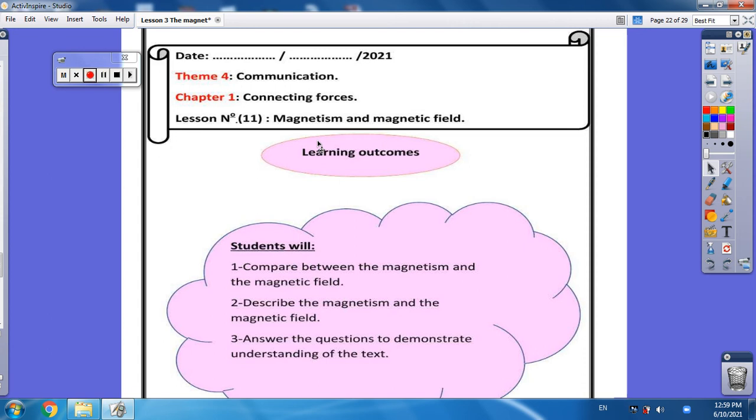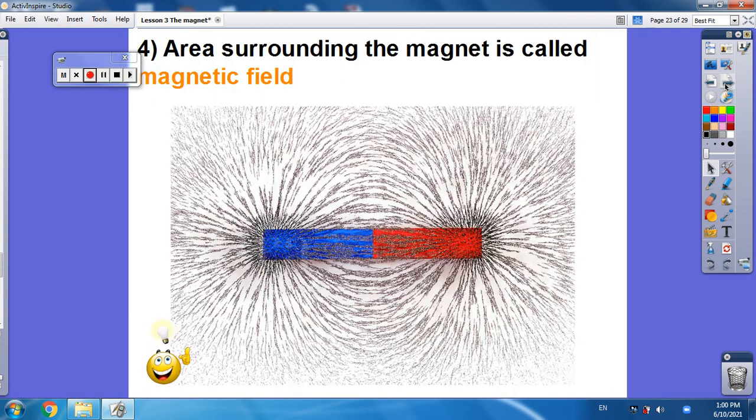At the end of this lesson, the students should be able to compare between magnetism and the magnetic field, describe the magnetism and the magnetic field, and answer the questions to demonstrate understanding of the text. Okay? Let's know more about magnetism and magnetic field.